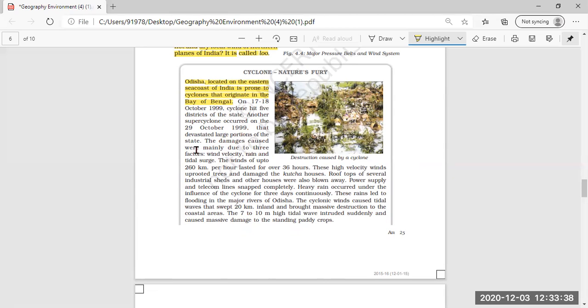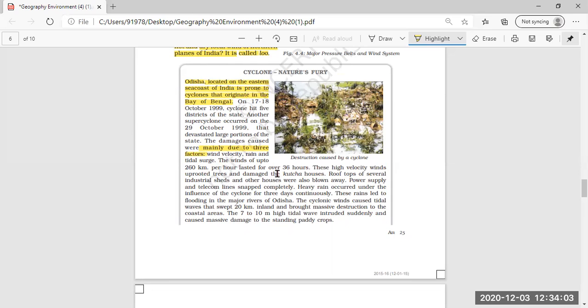Devastated means it caused great destruction in a large portion of the state of Odisha. The damages caused were mainly due to three factors.